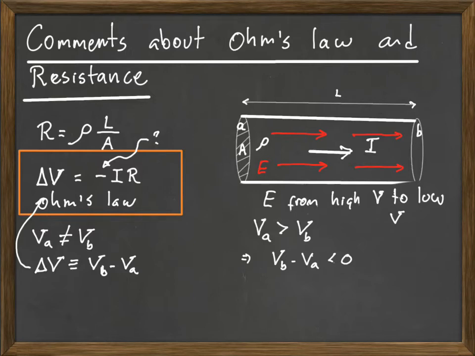Therefore, whenever we take the voltage at a point downstream and we subtract the voltage at a point upstream, we should get a negative value. So the left hand side of Ohm's law is going to be a negative value, which we have to account for by putting a minus sign in front of the current multiplied by the resistance.